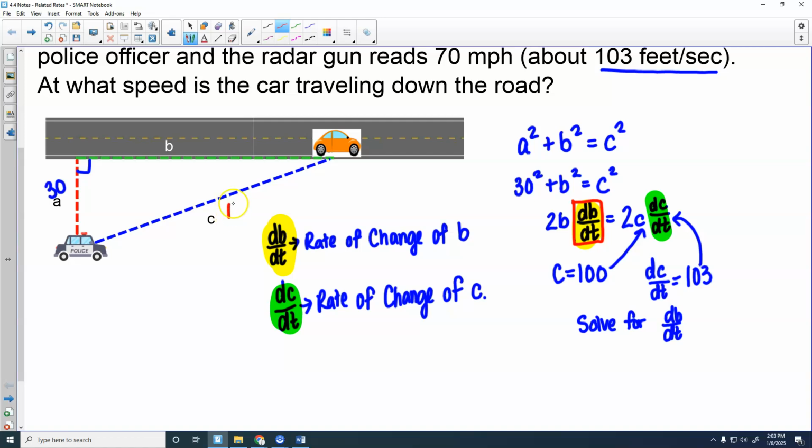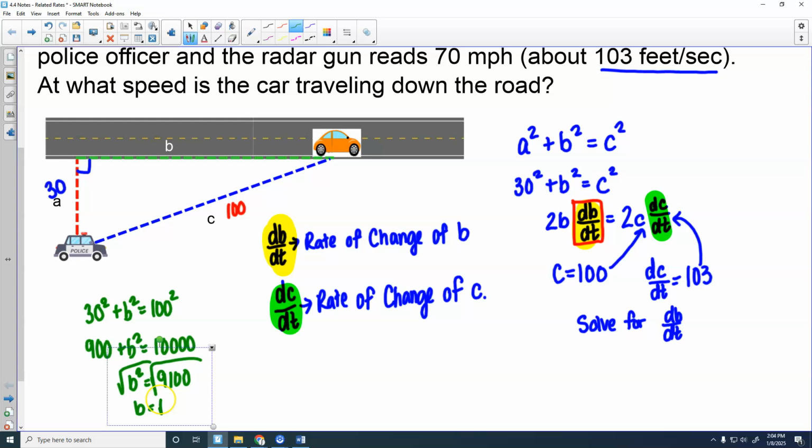So if C is 100, right here, we could go over here to the side, and we could say 30 squared plus B squared equals 100 squared. So that's 900 plus B squared equals 10,000. So B squared would be 9,100. We would square root both sides.